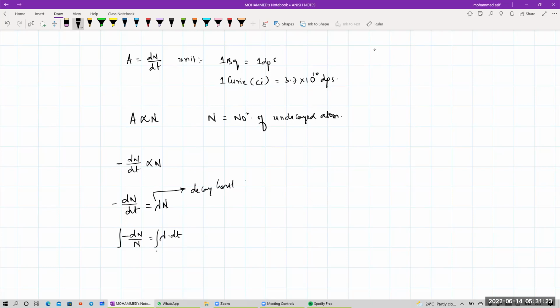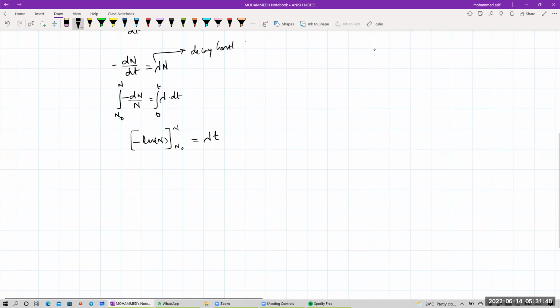At t equals 0, the number of nuclei present in the sample is n naught. Then at time t, the number of nuclei present is N. Writing dN by N, I get minus ln N from n naught to N, equal to lambda. The integral of dt is t, substituting upper limit minus lower limit.